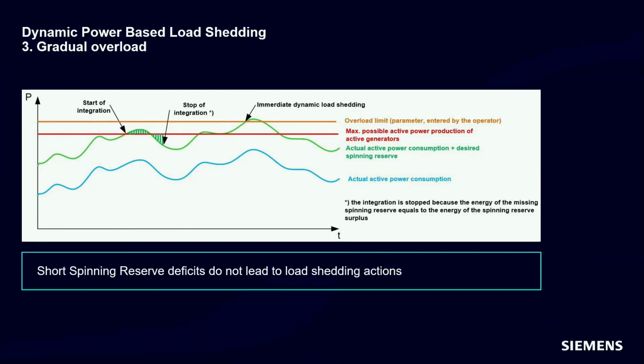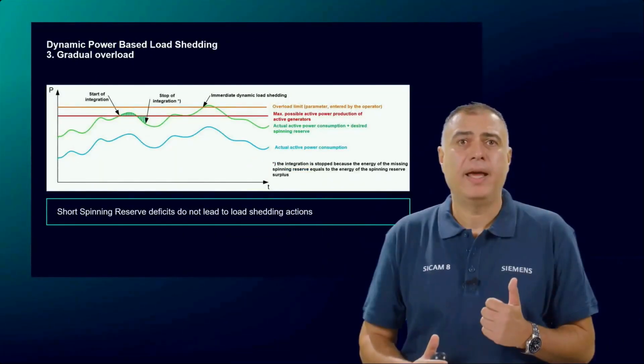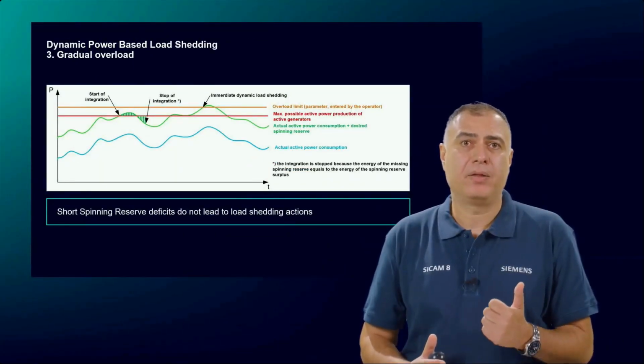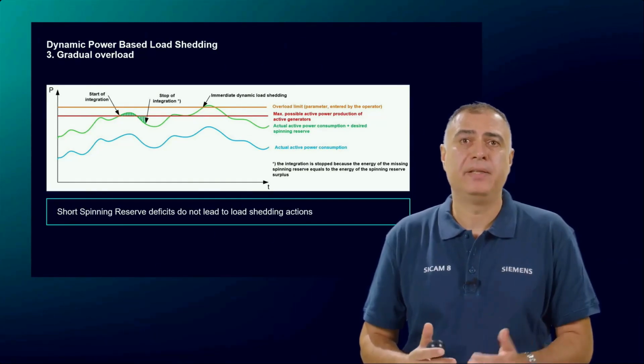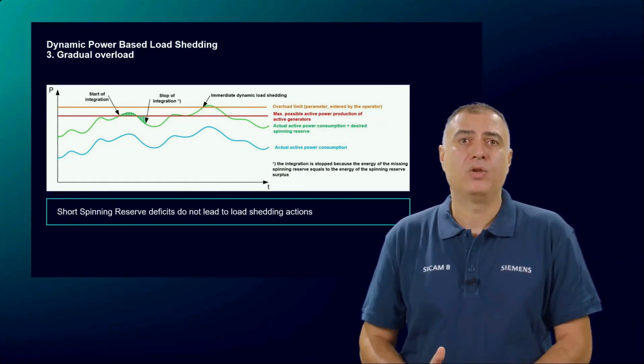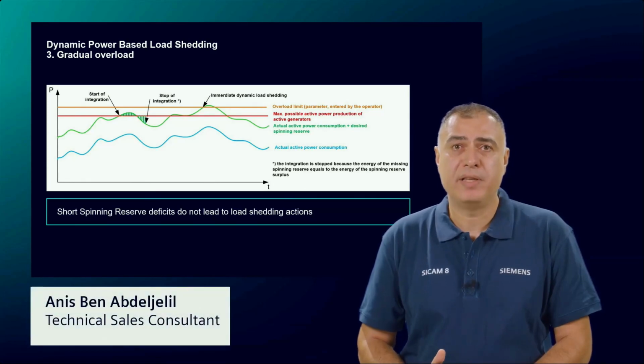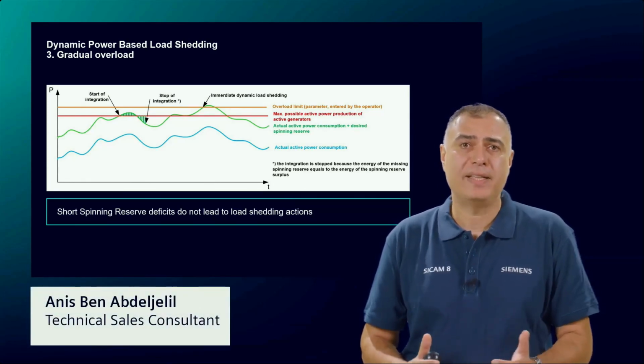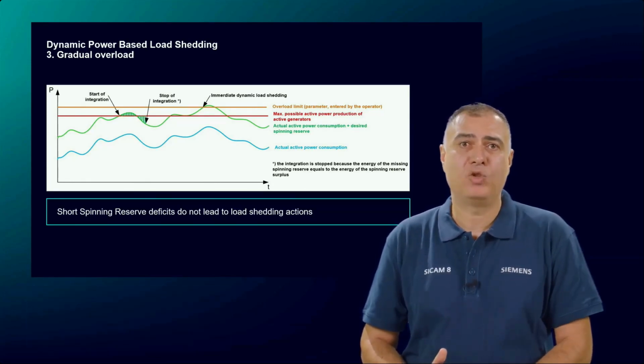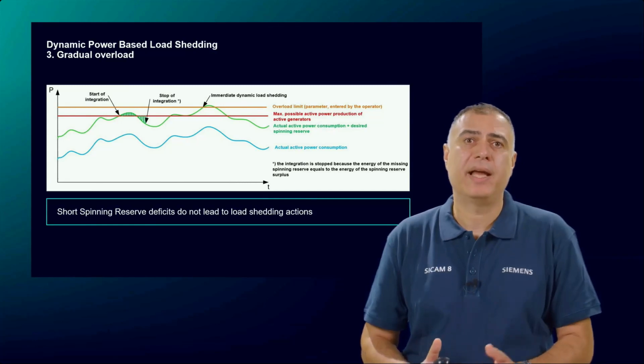Here, the user has two setting options: an integrative trigger threshold. This means that the stronger the desired power reserve is violated, the faster dynamic power-based load shedding is triggered, and vice versa.